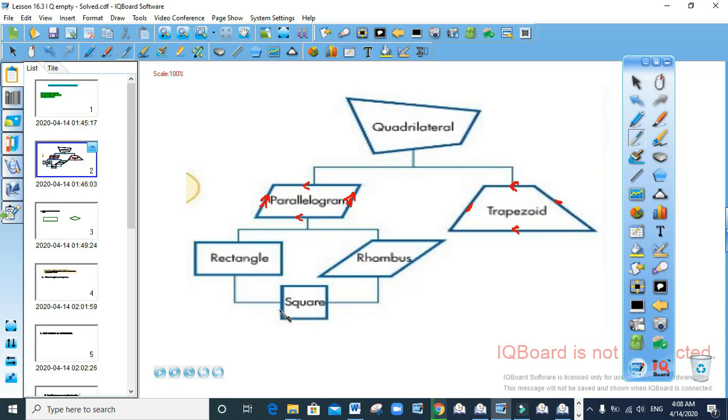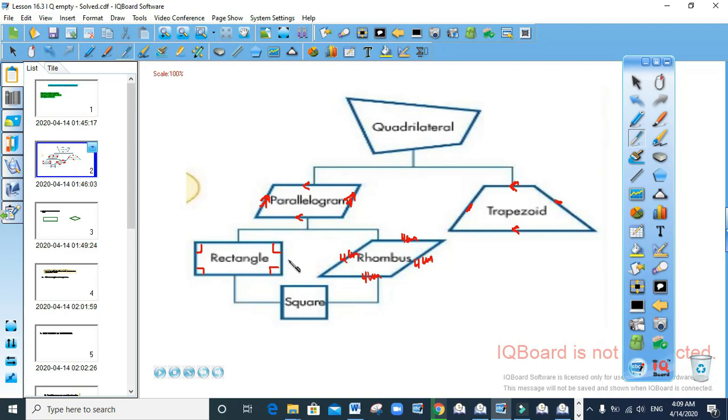It has three different sons. If the shape has four right angles, it's called a rectangle. If it has four equal sides, like 4 centimeters, 4 centimeters, 4 centimeters, 4 centimeters, it's called a rhombus. But in the rectangle, it's not necessary that all of the sides are equal.